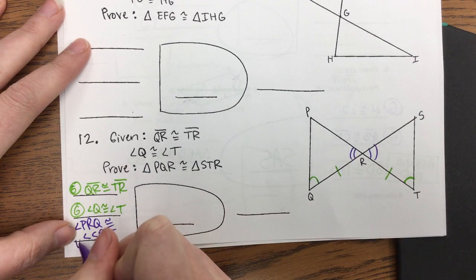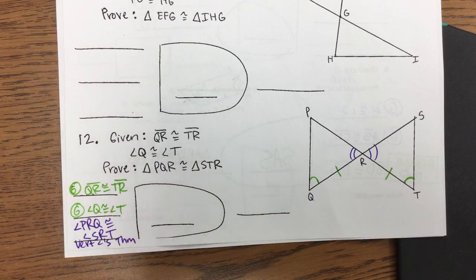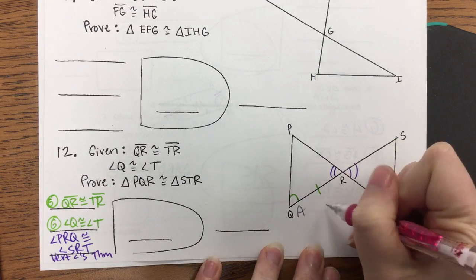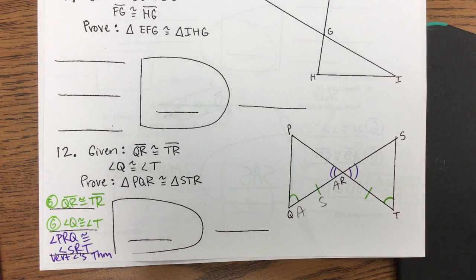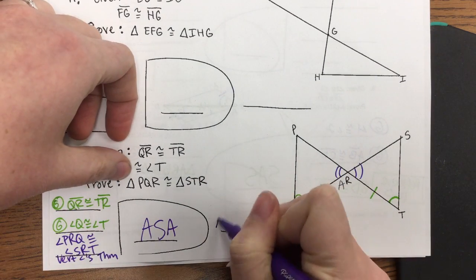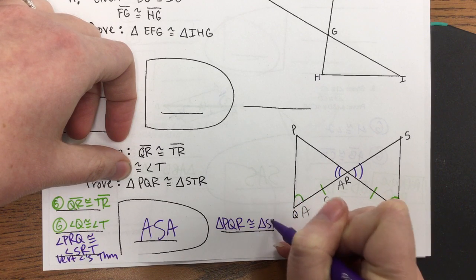This should really be vertical angles theorem. And then I can see, all right, excellent. I've marked an angle, a side, and then an angle. So this is angle, side, angle, which is enough to prove congruent triangles.